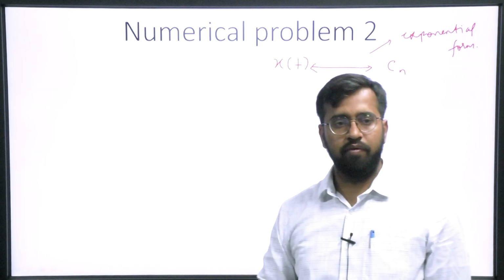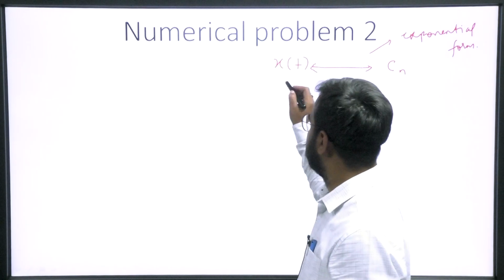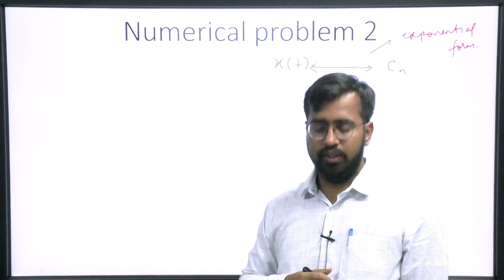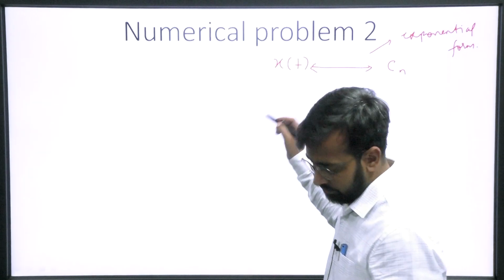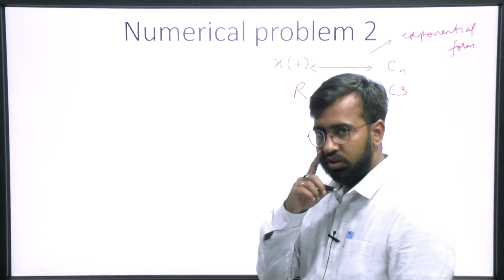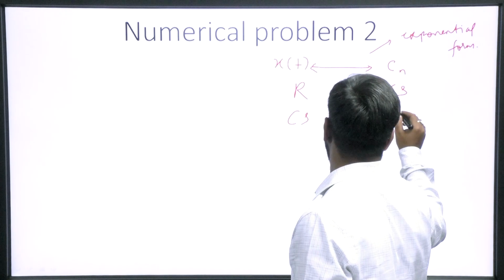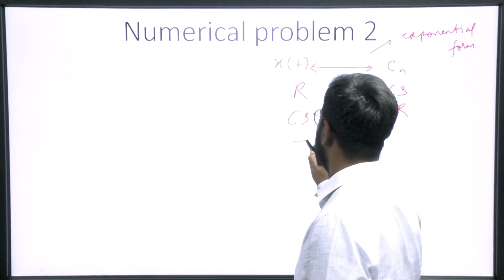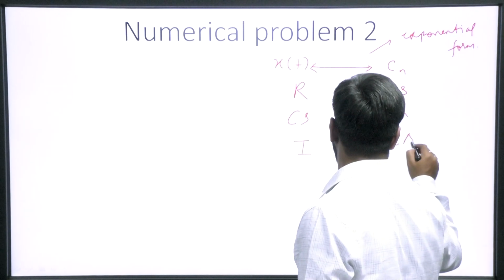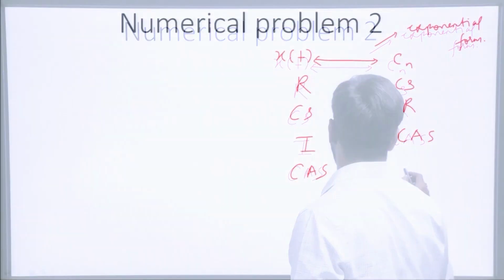For the exponential form, you have to remember this pair. By seeing the pair only you can say. If the function is real, the coefficient will have conjugate symmetry. If it is imaginary, it will be antisymmetric. If x(t) is antisymmetric, it will be imaginary.